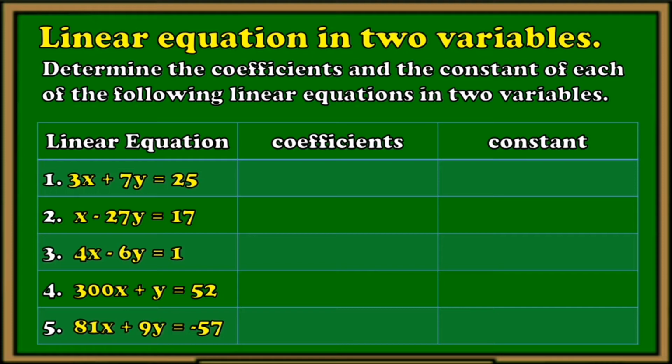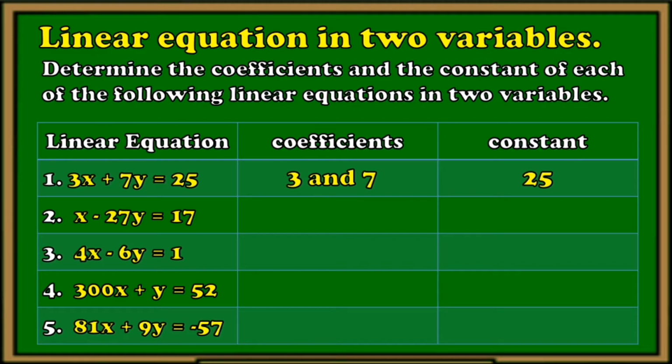For number 1, the coefficients are 3 and 7. These are the numbers before the variables. And the constant is 25.